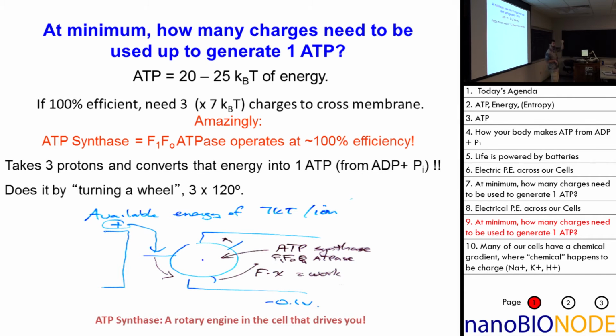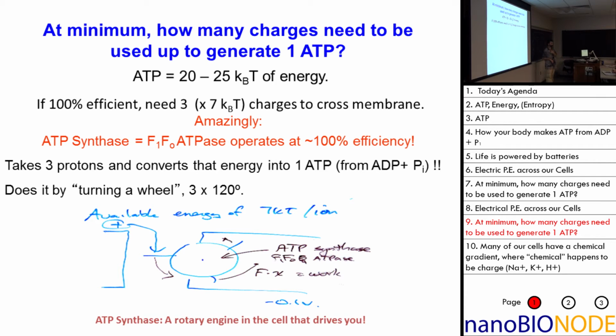So that says 3 electrons is enough to basically drive ATP, if you're 100% efficient. Now remember that. This 3, that's a good number to know.